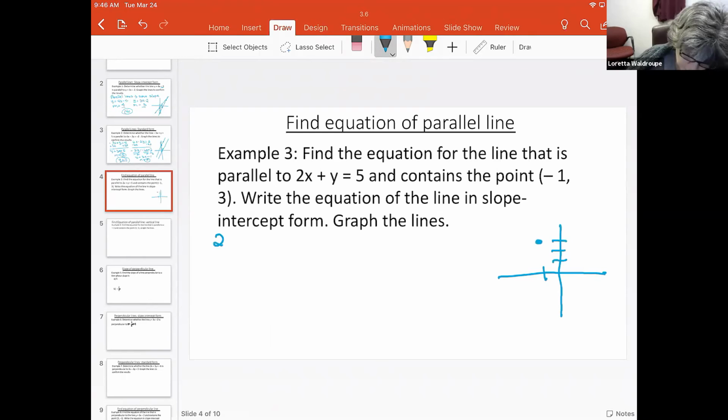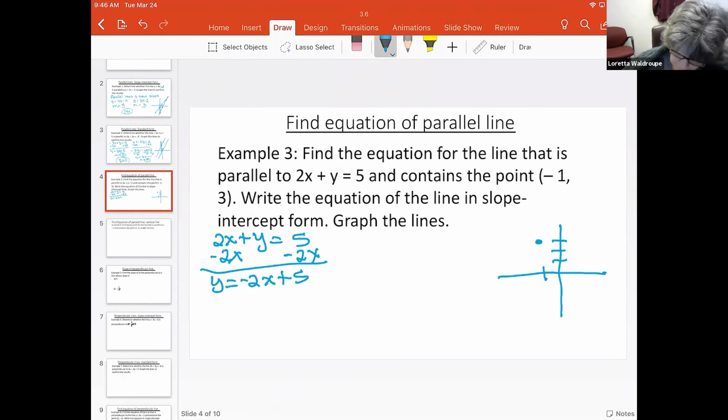Okay, if I take 2x plus y equals 5 and solve for y, because I'm going to have to find the slope of this line anyway. So y equals 5 minus 2x, down 2 over 1. Okay, here's this line that they give us, and here's the point. They want to know what's the equation of that dotted parallel line.